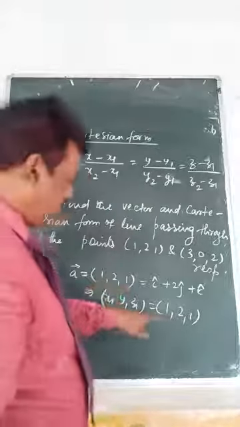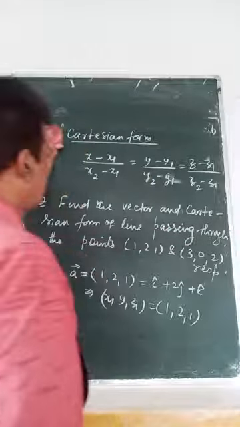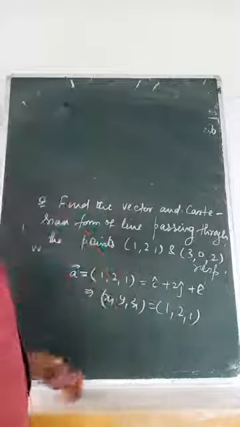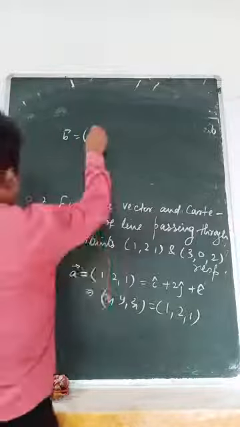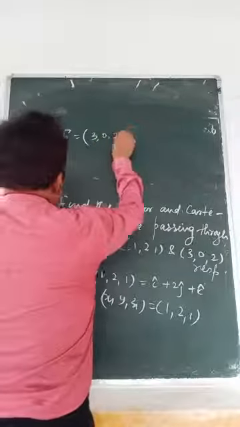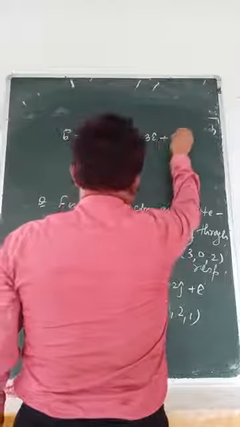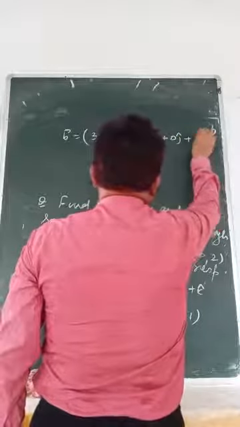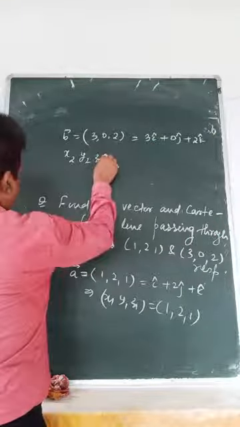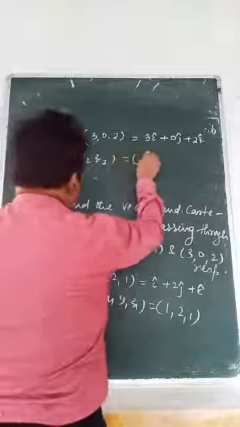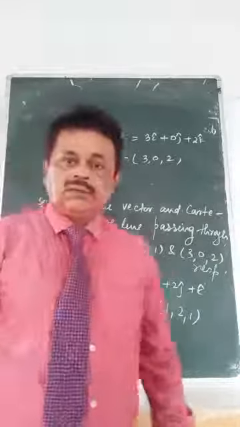Similarly, other point you take is B point. B vector, the direction ratios are 3, 0, 2. So that is 3i plus 0j plus 2k. B vector will give you point x2, y2, z2, which is 3, 0, 2. Okay, this so we have defined.